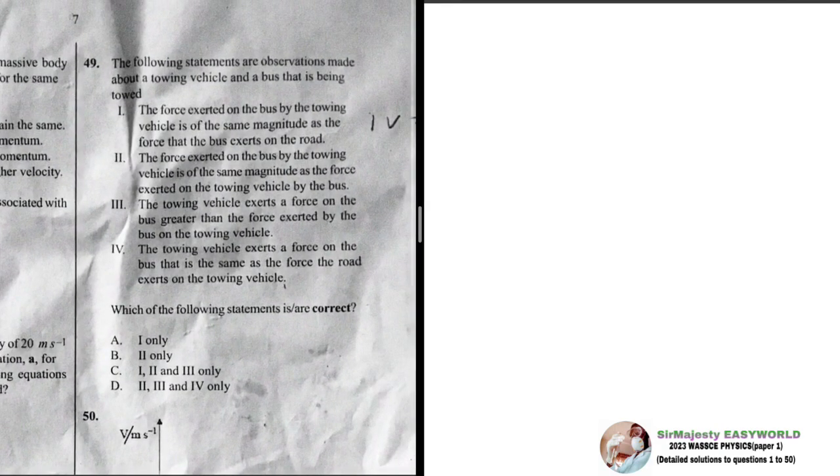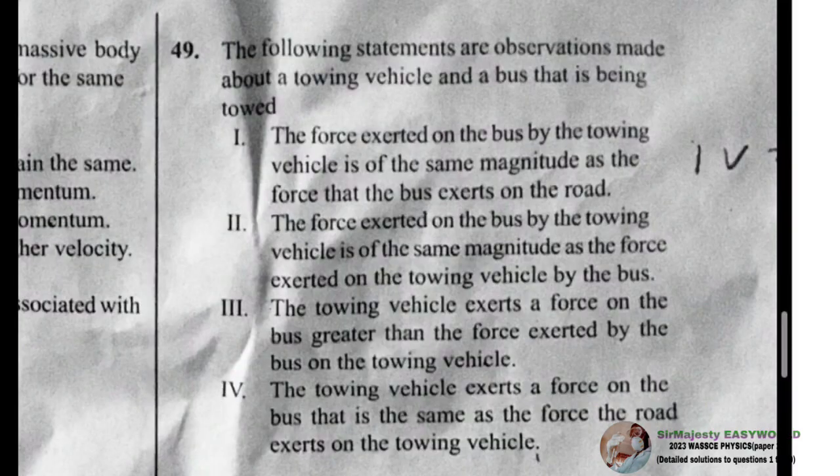So next question is, the following statements are observations made about a towing vehicle and the bus that is being towed. The force exerted on the bus by the towing vehicle is of the same magnitude as the force that the bus exerts on the road.